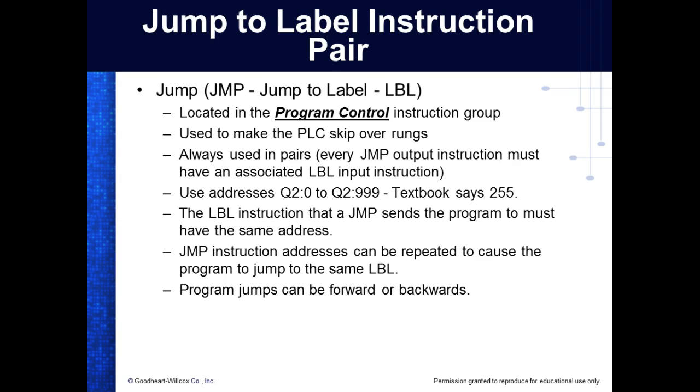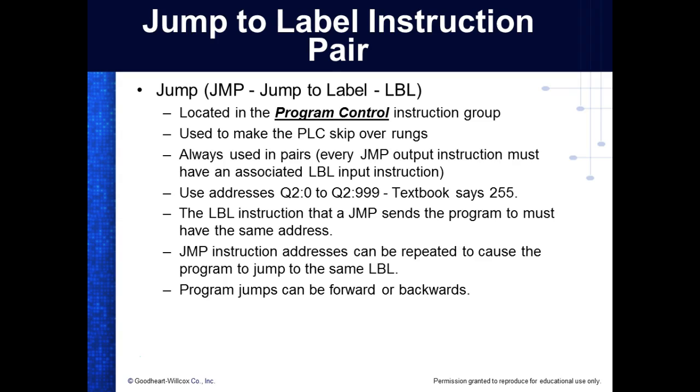But for every jump instruction, you have to have a what? You have to have a label. Jump instruction addresses can be repeated to cause the program to jump to the same label. So I could call my label Q2:1, and I could jump to Q2:1 several times, right? You understand?